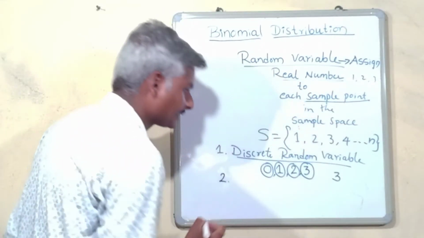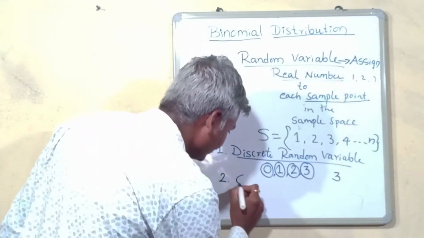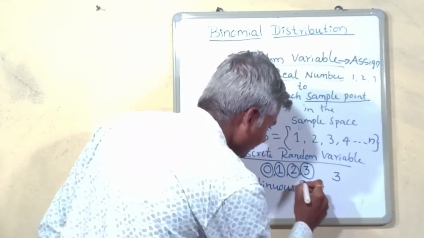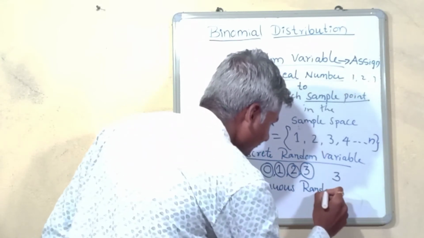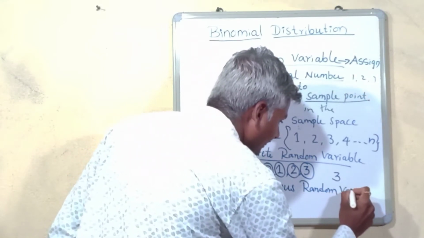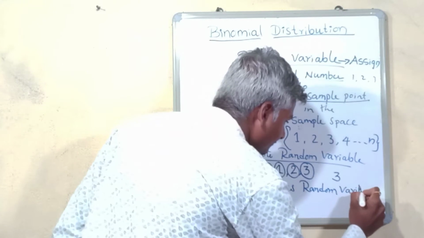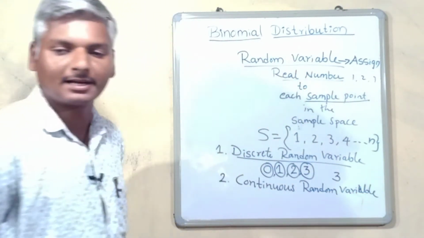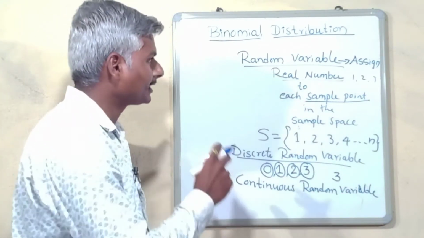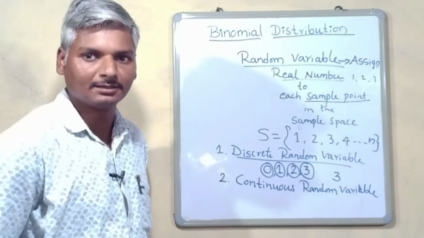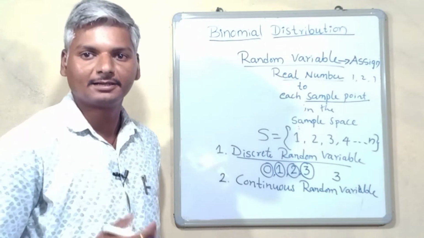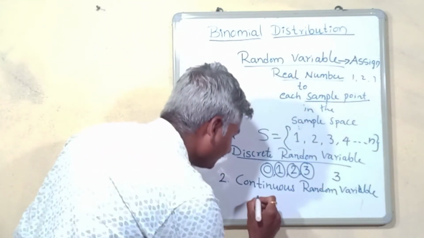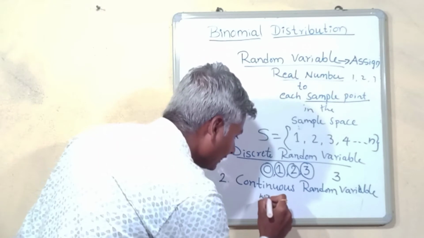The second type of random variable is the continuous random variable. A continuous random variable is a type of random variable that can take any number, for example, the weight of an apple.